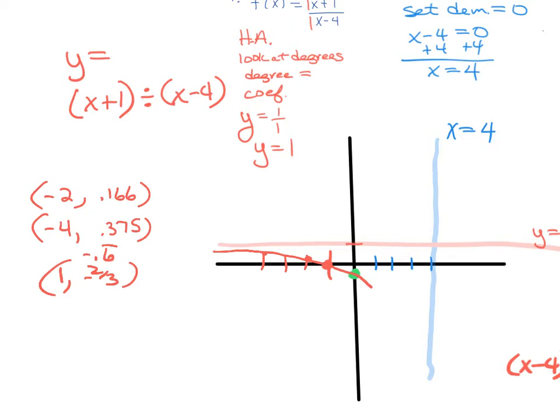So let me just do 3. 3 is at -4. So 1, 2, 3, 2, 3, 4. So then it's coming and it's approaching this way. And notice how it's skimming along that red highlighted horizontal asymptote and the blue vertical asymptote.